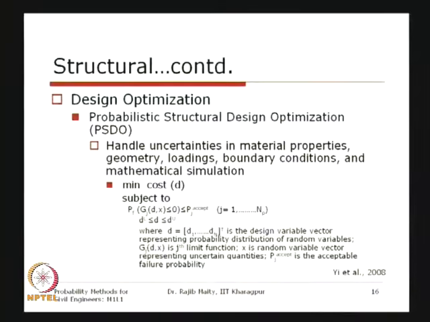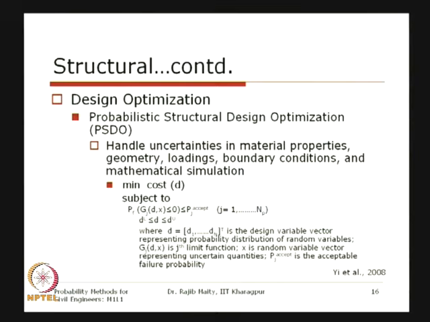Here d is the design variable vector representing the probability distribution of the random variable. G_j(d,X) is the jth limit function. X is the random variable vector representing the uncertain quantities, and PJ accept, as I told, is the acceptable failure probability. So this is an optimization problem.